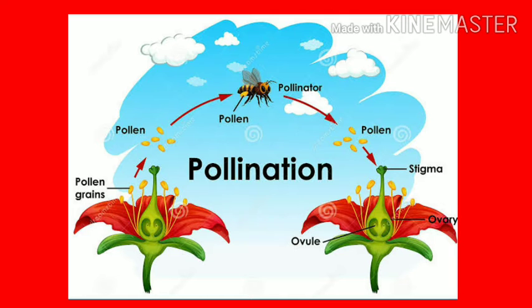And you know that pollination happens by some agents, right? These agents are called pollinators. The agents which help in pollination are called pollinators. You know the examples of pollinators, right?